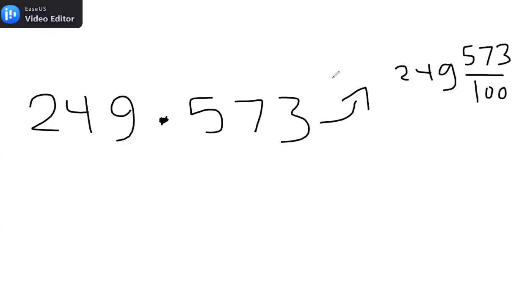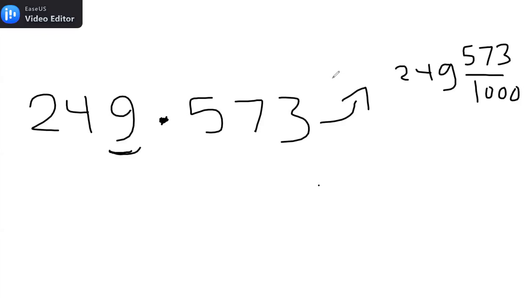So the best way to read this number is 249 and 573 thousandths, or 249.573. What is the place value of the digit 9?